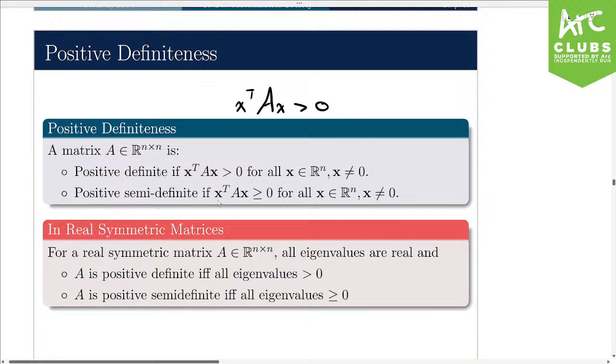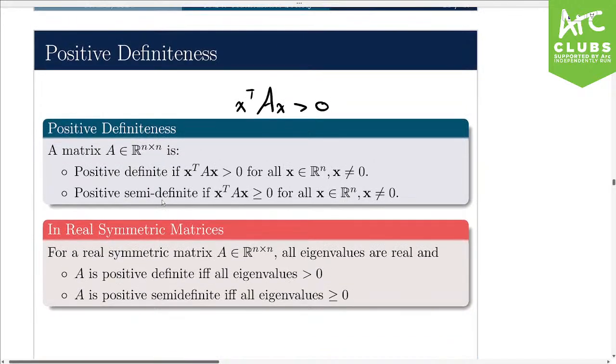So here we define positive definite and positive semi-definite, but negative definite is defined in the same way, just the inequality here is reversed.